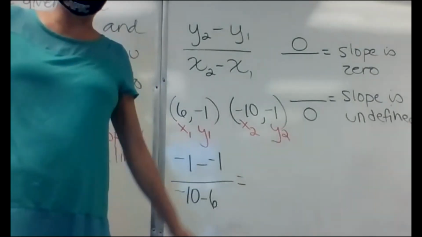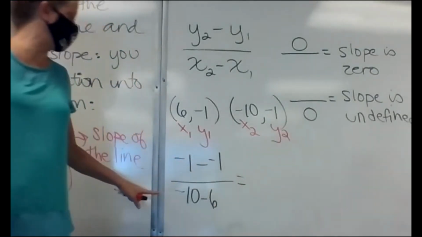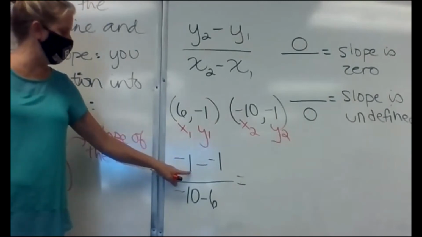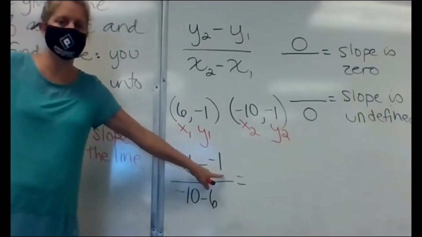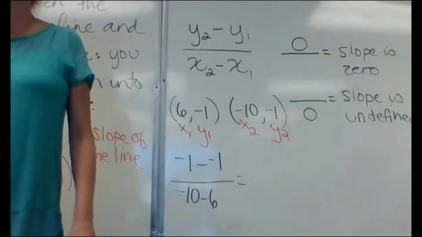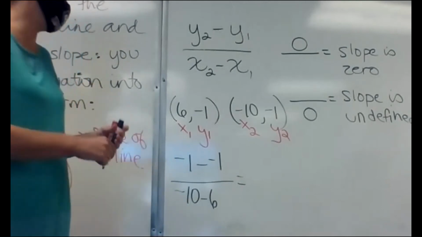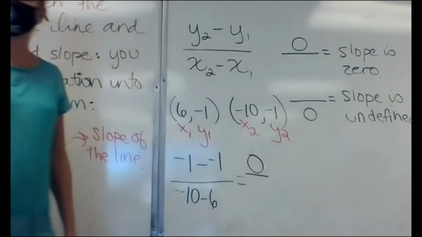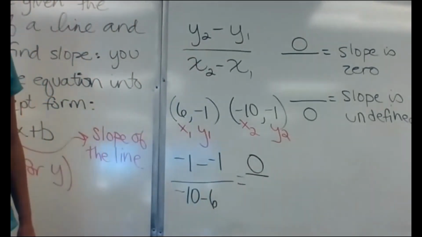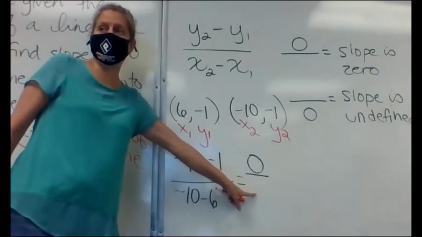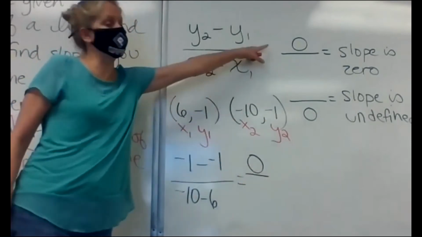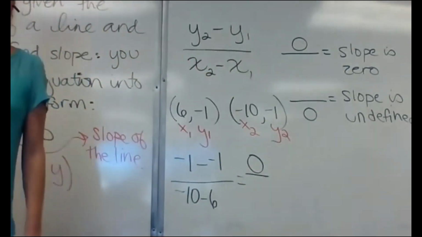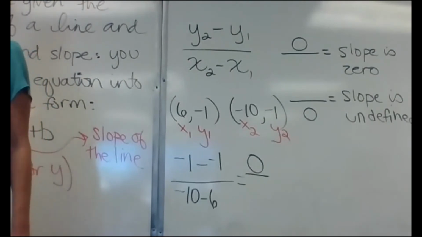Let's type that top into my calculator. I need to type in exactly what I see. -1 minus -1. What does that tell you? 0. It gives you 0. So it doesn't even matter what the bottom is going to be, because if you have a 0 in the top of your fraction, the slope is 0.